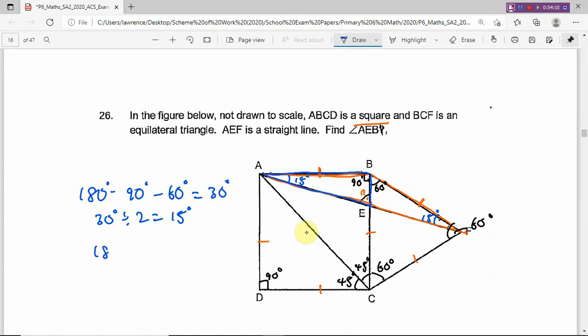So you take 180 minus 90 minus 15, and you get 75 degrees. So your question mark is 75 degrees. Okay, so hopefully you learn a lot of things today, right? How to get the answer, but most importantly is to mark out the sides, because if you don't mark out the sides, then you won't be able to see the isosceles triangle that is being camouflaged.